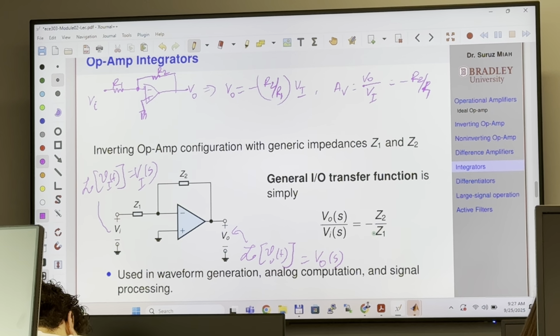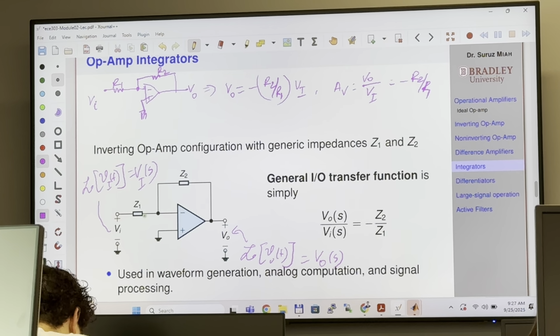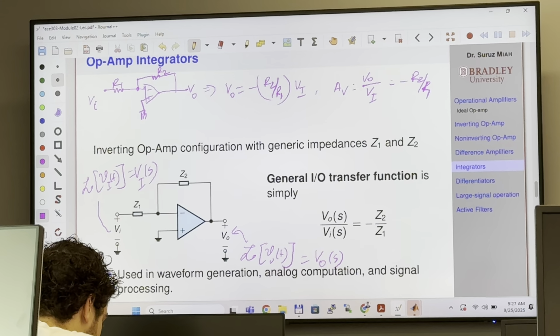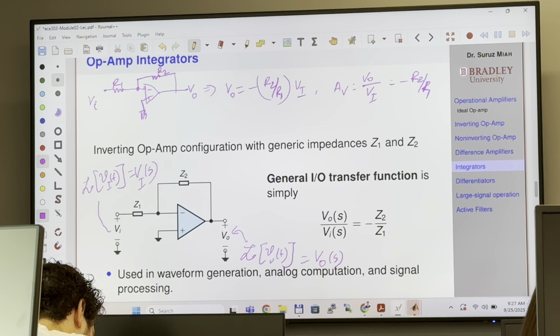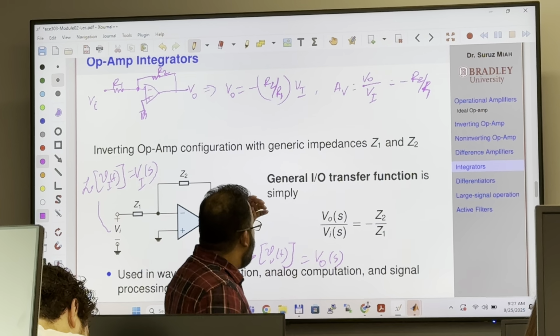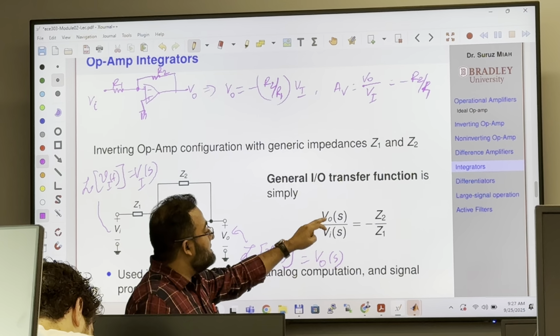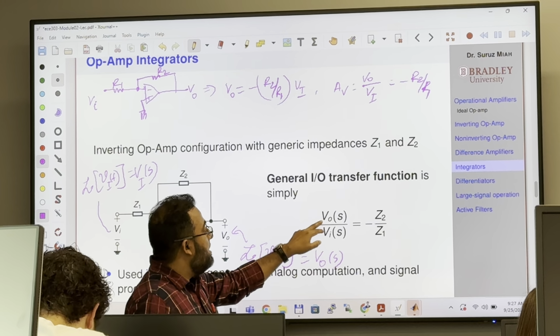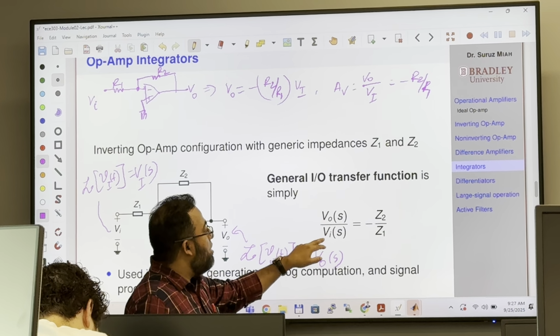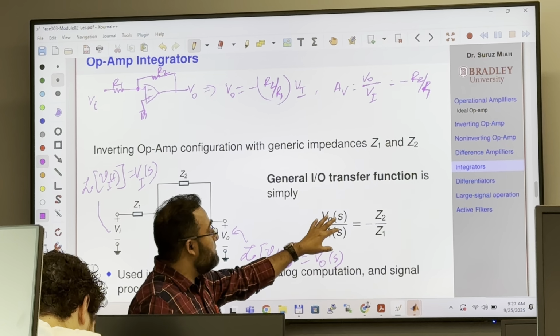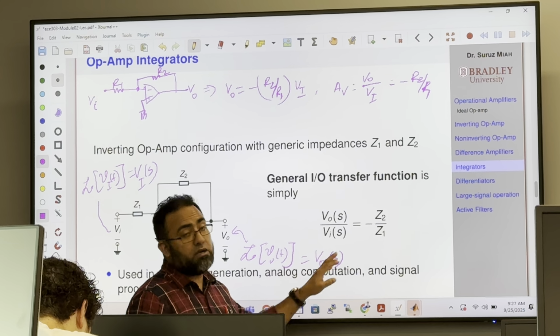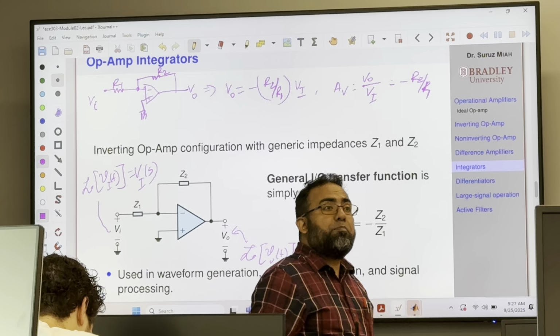So now, because I put generic impedances, we have to work in the frequency domain. The output represented in the Laplace domain is going to be negative Z2 over Z1.